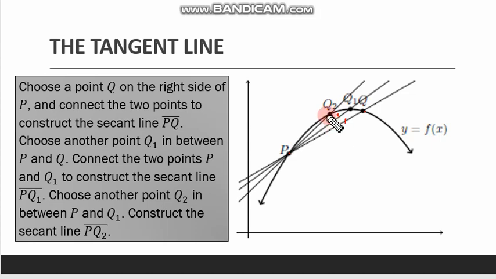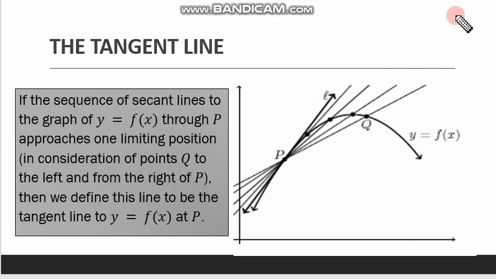And then another point here in between point P and point Q sub 1. We label it as point Q sub 2. So another second line that we could create is line PQ sub 2. So now we can see a sequence of second lines.